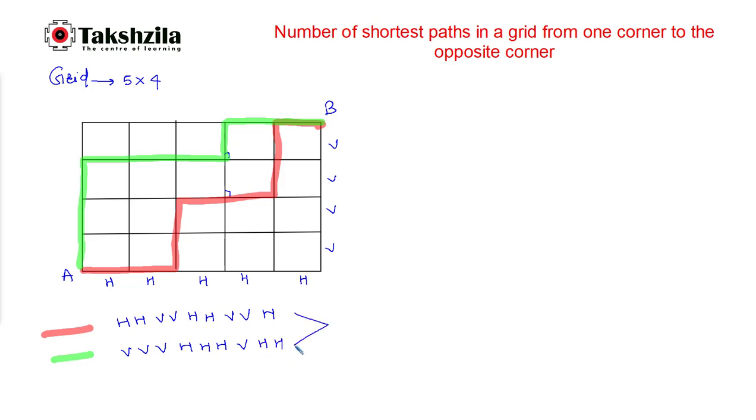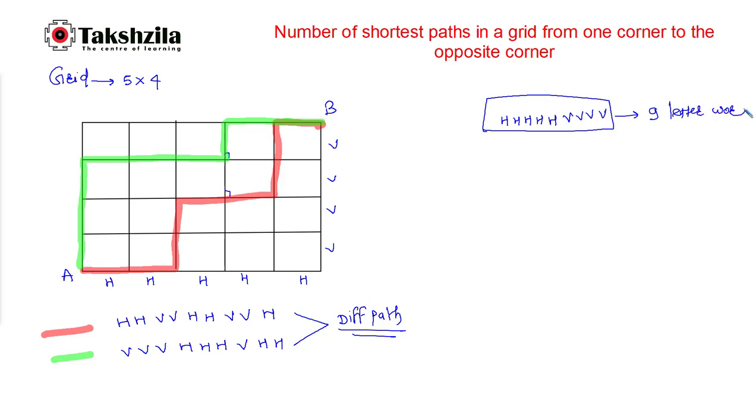Now are we going to consider these two paths as different paths or the same path, everyone? Yes, they are considered as different paths, everyone, because the arrangement is different. So to travel from point A to point B, we need to travel 5 horizontal line segments and 4 vertical line segments. Let's consider this as a 9-letter word.